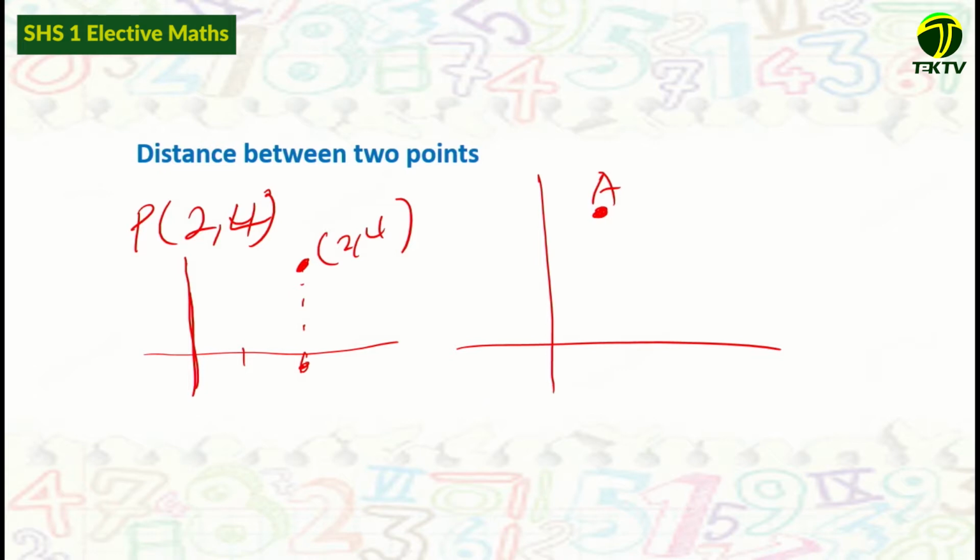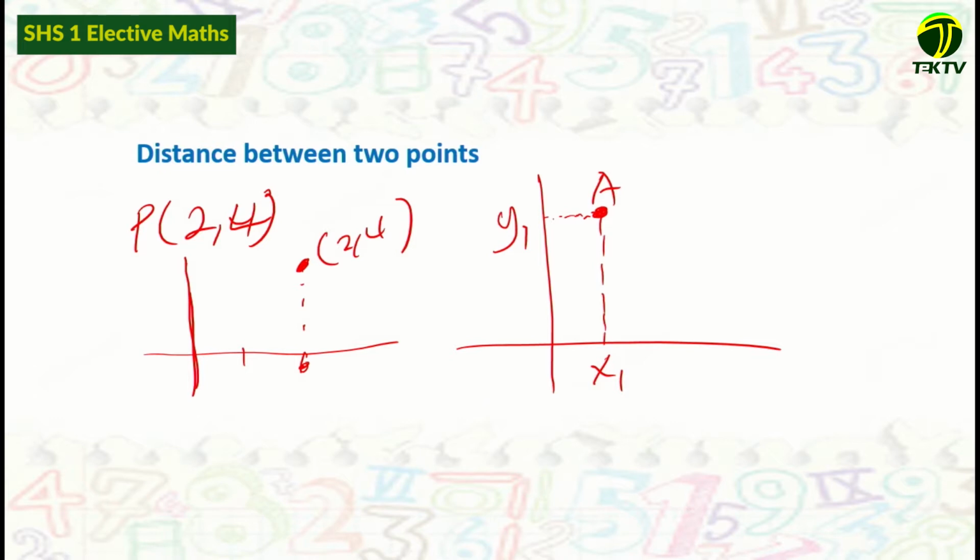So when I trace the point A to the x-axis, I have the x coordinate. Let me label that as x1. Then I will trace the A to the y-axis. I have the y coordinate. Let me label that as y1. I can't label this as x1 and that as y2 because x1 corresponds to y1.